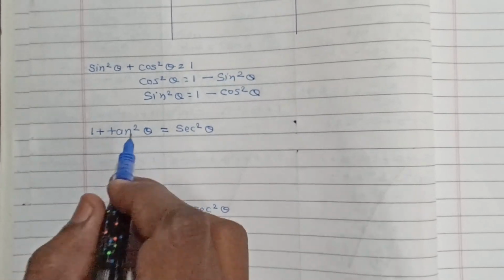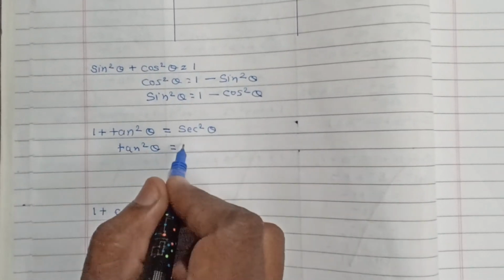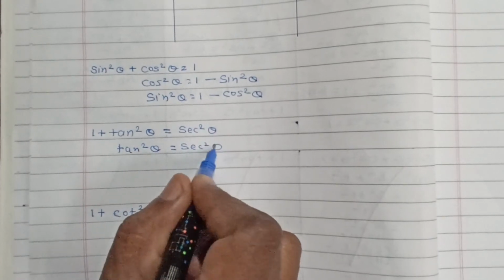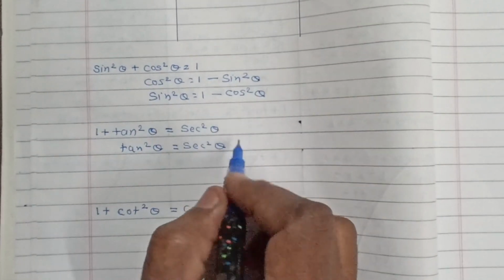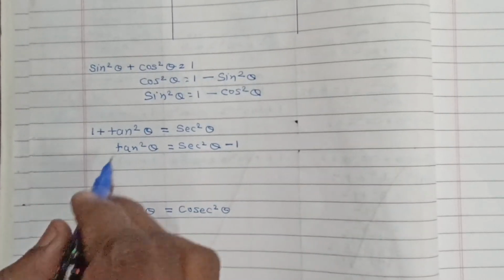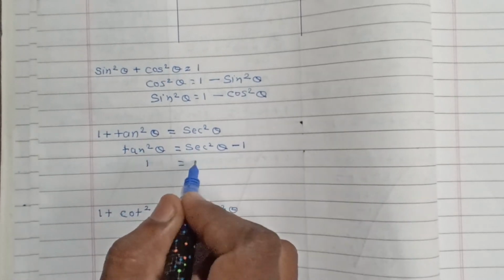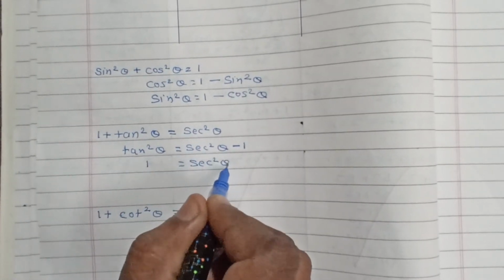And this second identity you can write tan square theta is equal to sec square theta. So this plus 1 you can bring to right hand side, so that time you have to write minus 1, and then this 1 is equal to sec square theta.